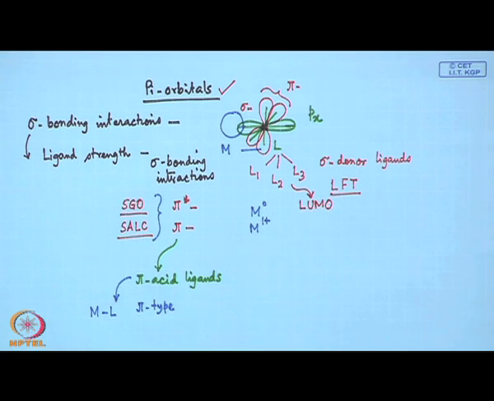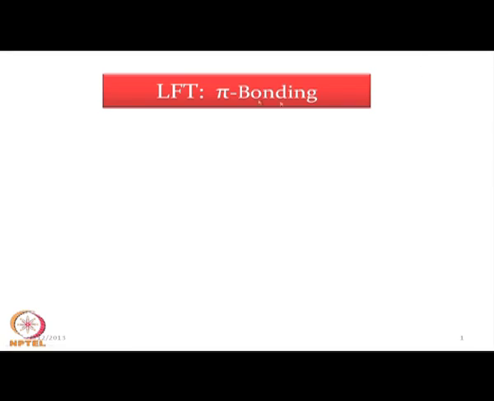So, today's class will treat these pi bonding interactions for the corresponding ligand field theory. This particular theory again will tell us how the ligand, in terms of not only the sigma bonding interactions but also pi bonding interactions, can give rise to the corresponding ligand field surrounding the metal ion for a particular symmetry.